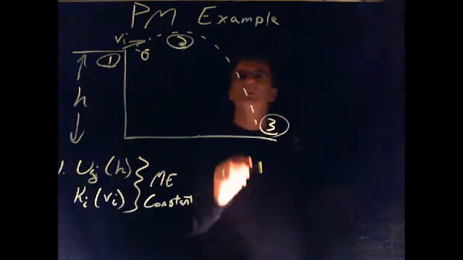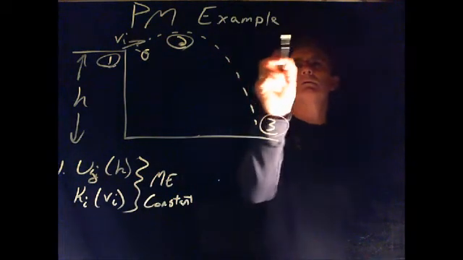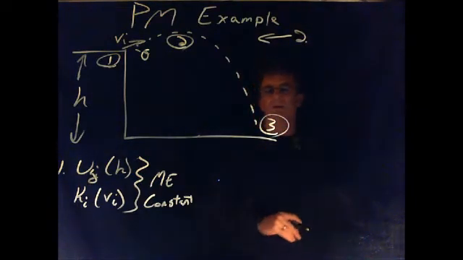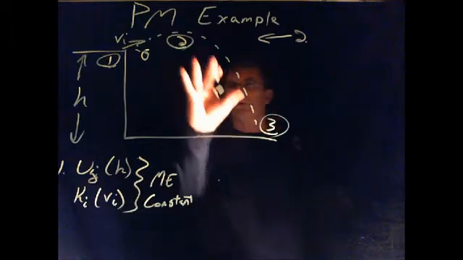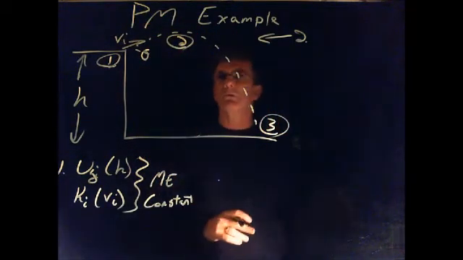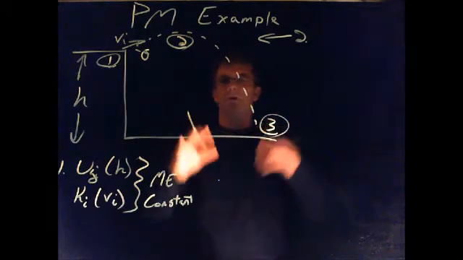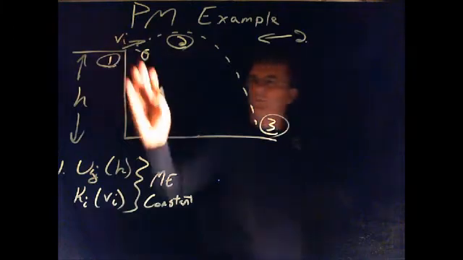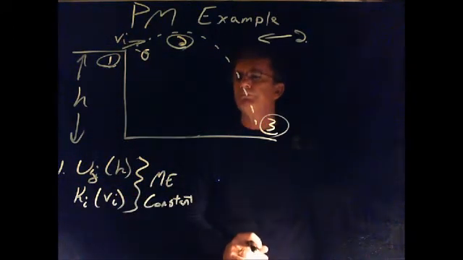At point 2, we're at some maximum height. This is an example of throwing a ball off the cliff, but we can adapt it to almost any projectile motion scenario, where point 1 is when the ball is thrown.